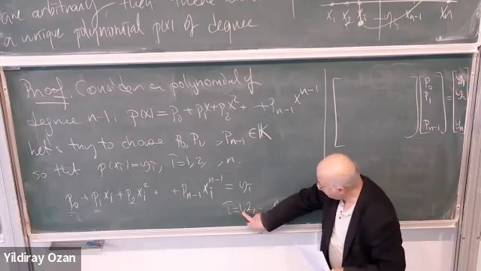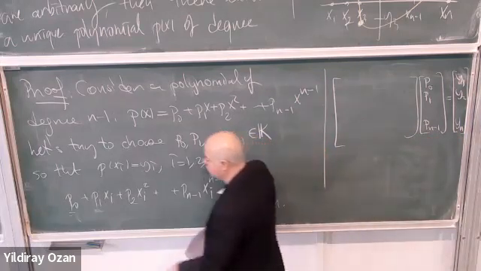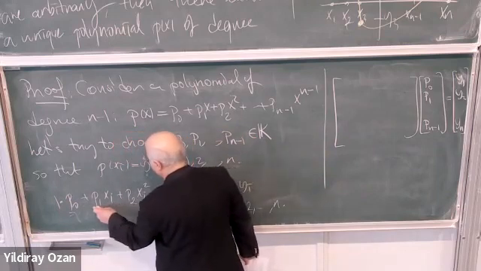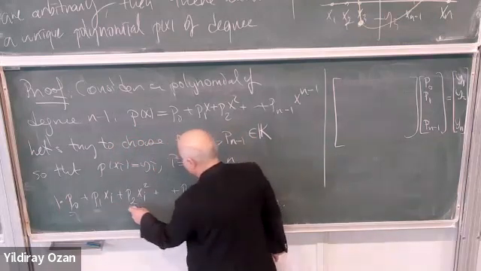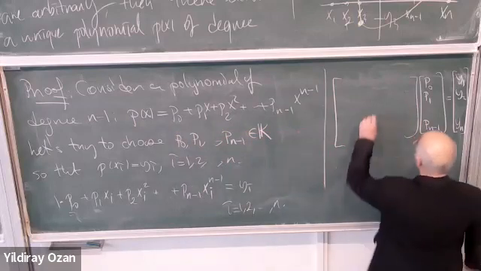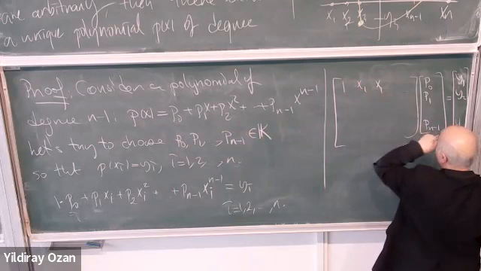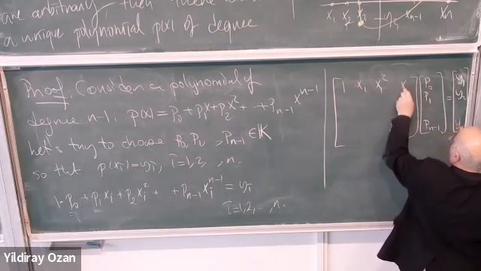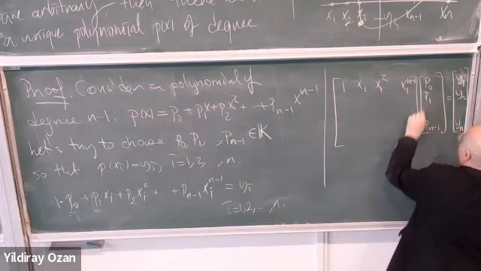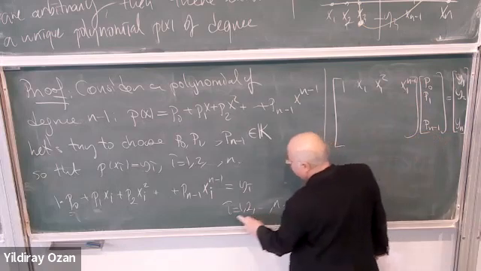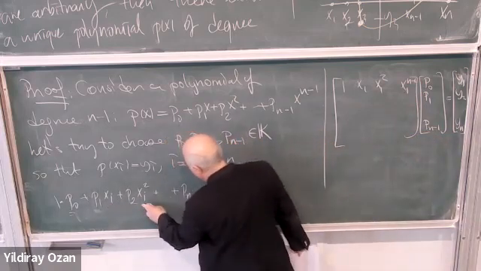For i equals 1, what are the coefficients? 1 times P0, x1 times P1, x1 squared times P2, and so on. So the coefficients are 1, x1, x1 squared, up to x1 to the power n minus 1. For the second equation, i equals 2, I will have x2 squared, and so on.